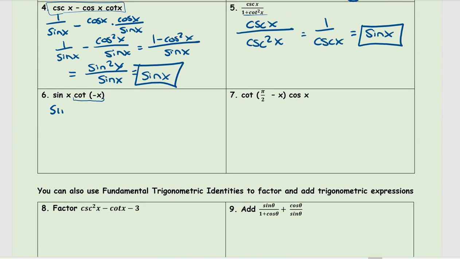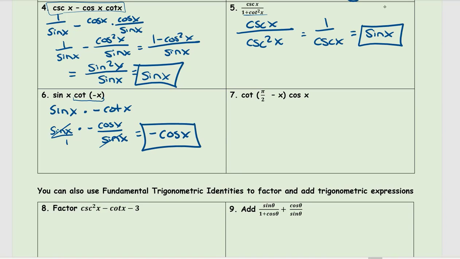We have sine of x times negative cotangent of x. Now, cotangent of x using our quotient identities is cosine x over sine x. This is sine of x over 1, and we have a sine of x in the numerator and a sine of x in the denominator, which means this whole thing reduces down to negative cosine x.